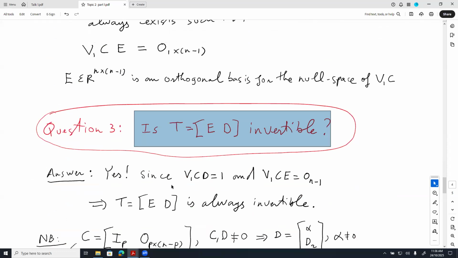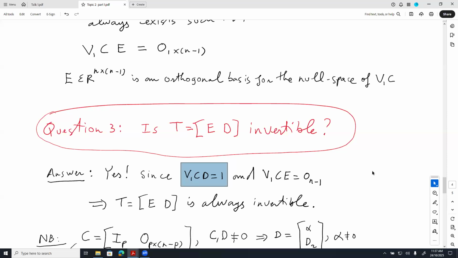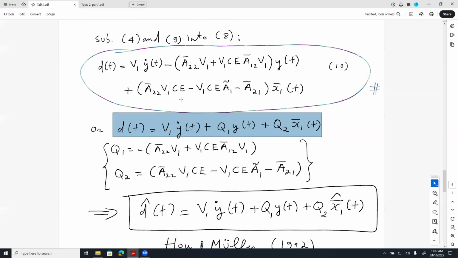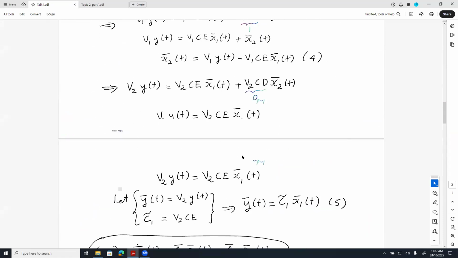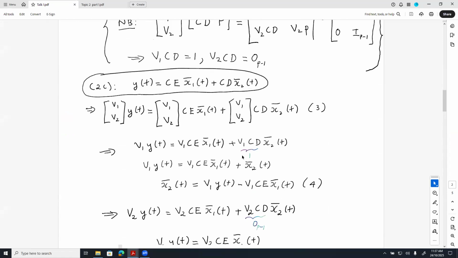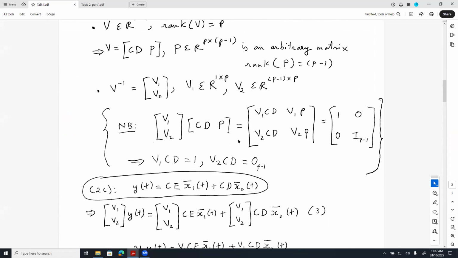Why is that? This came from the following relationship between V1CD and V1CE. Now, if we can go back to our previous presentation, where we look at this relationship between the inverse of a matrix V and matrix V is an identity matrix.